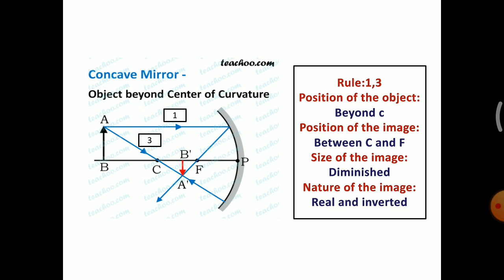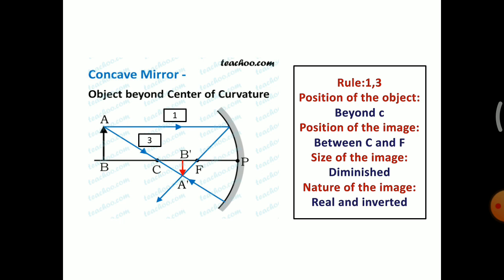The second one: the same concave mirror, I kept the object beyond the center of curvature. Here AB represents the position of the object. So I wrote the position of the object is beyond C. Here I used rule number 1 and 3.